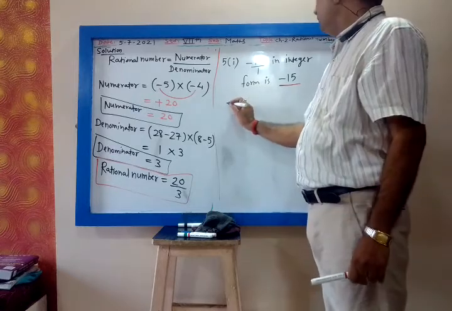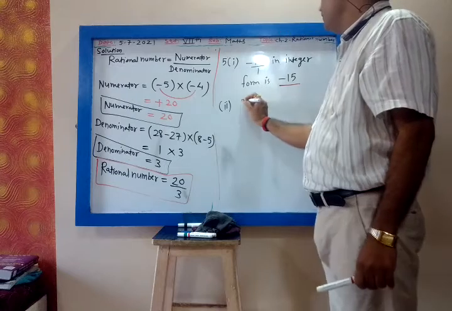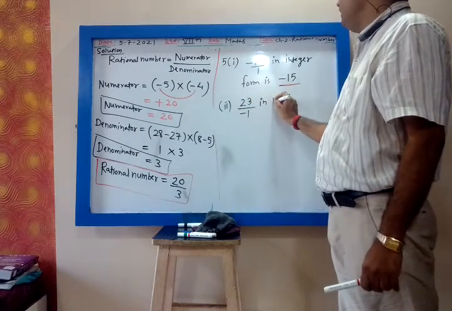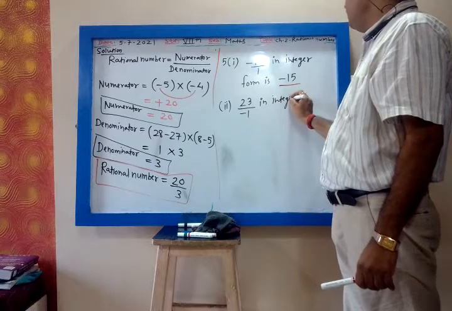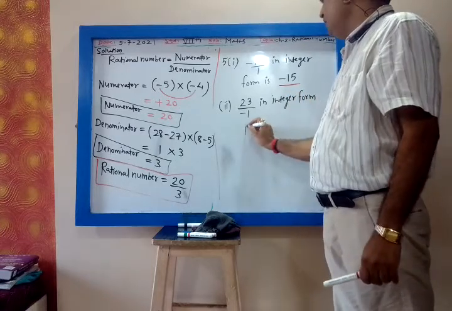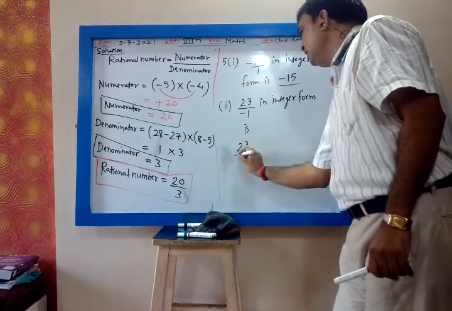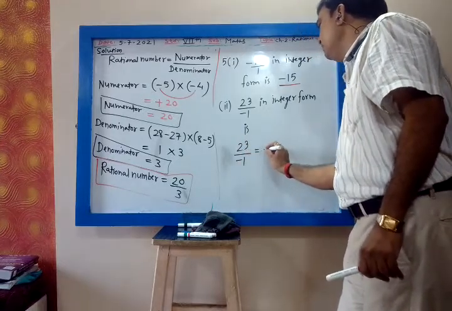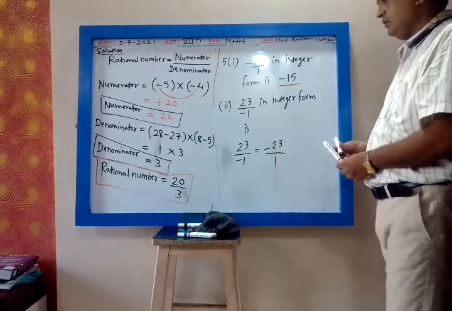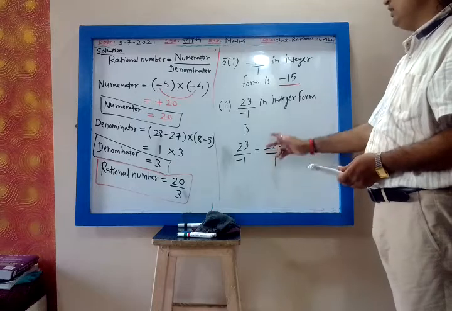Second: 23 upon minus 1 in integer form is? Now see here, 23 upon minus 1, I can also write as minus 23 upon 1. This you remember: the minus sign of the denominator you can take in the numerator, the minus sign you can take anywhere.